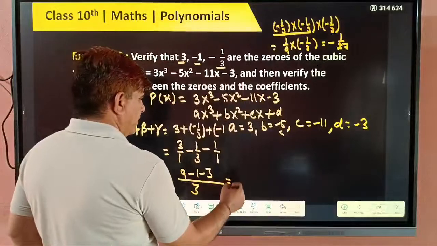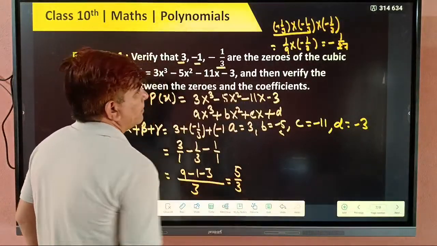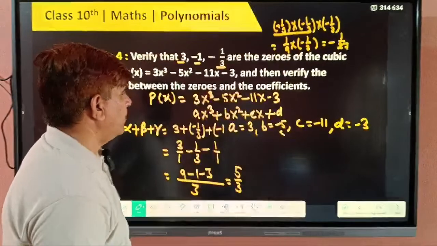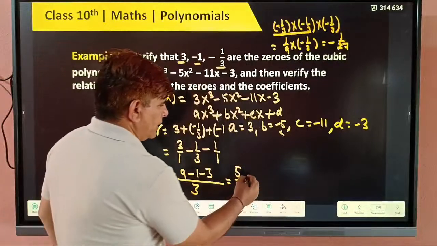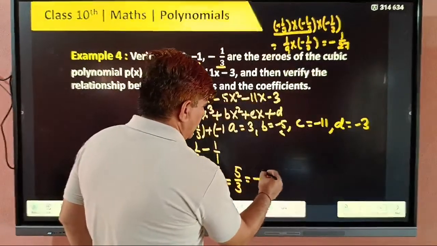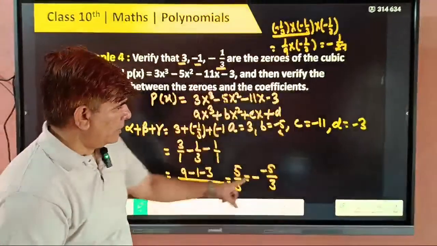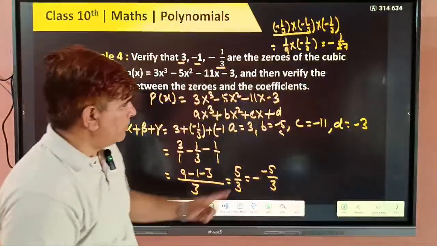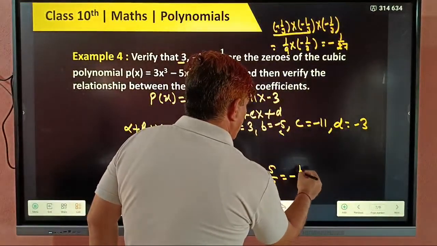What's coming? 5 by 3 coming. So how can we write this? I can write minus 5 by 3. Minus plus. So what's your minus 5? This is equal to minus b.